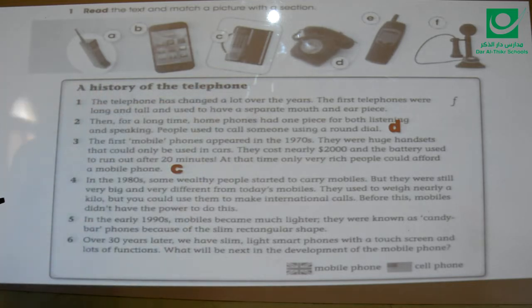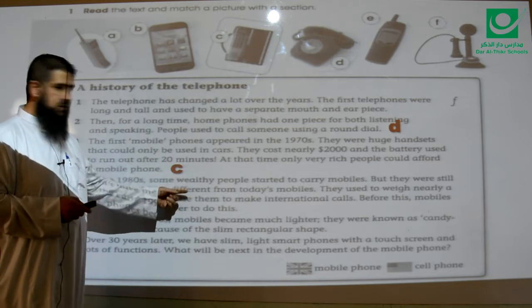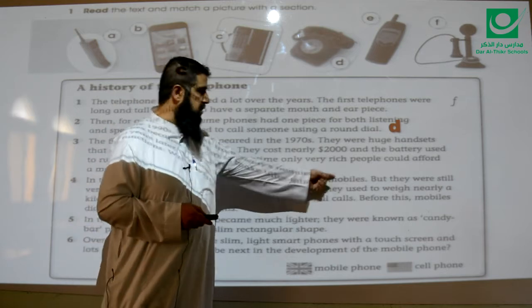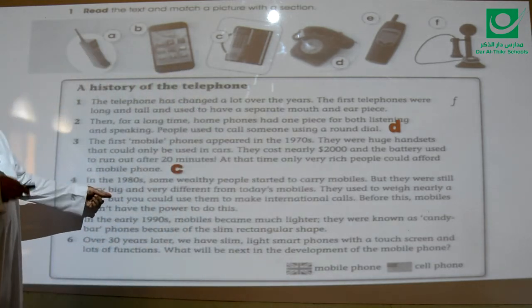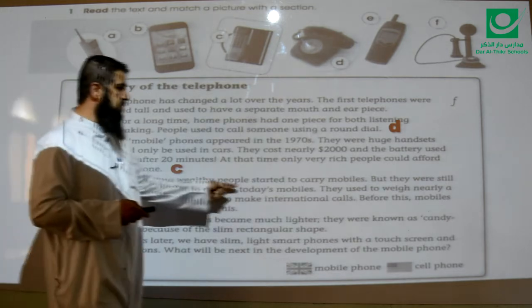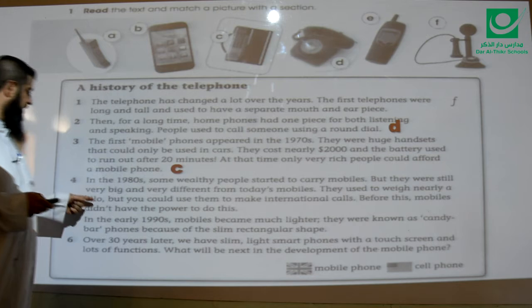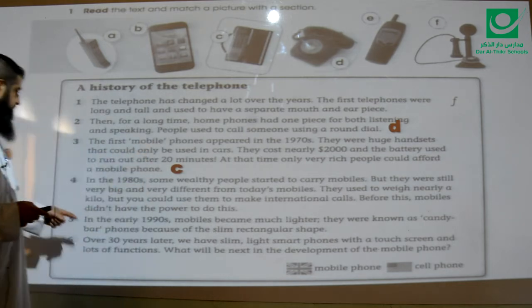Now in number 4, in the 1980s, some wealthy people, again wealthy means very rich, started to carry mobiles. But they were still very big, very different from today's mobiles. They used to weigh nearly a kilo. Can you imagine? 1 kilo.